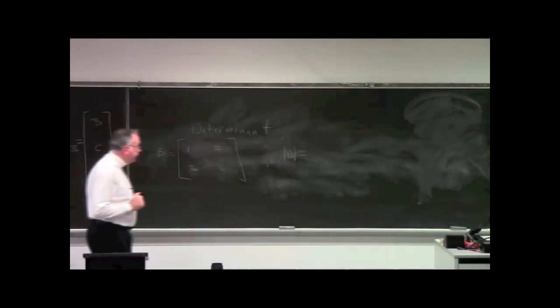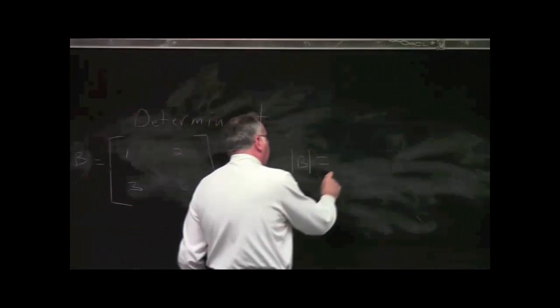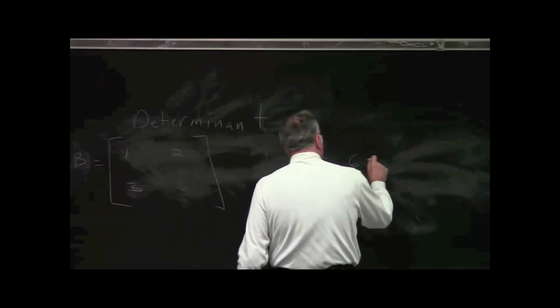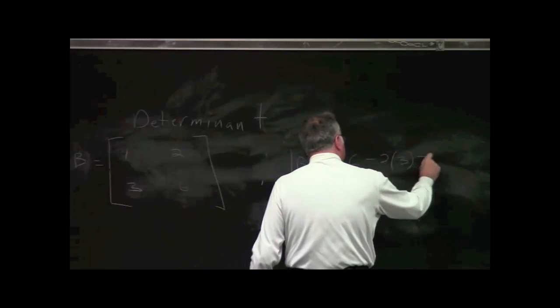The determinant of matrix B is 1 times 6 minus 2 times 3. 6 minus 6 is 0.